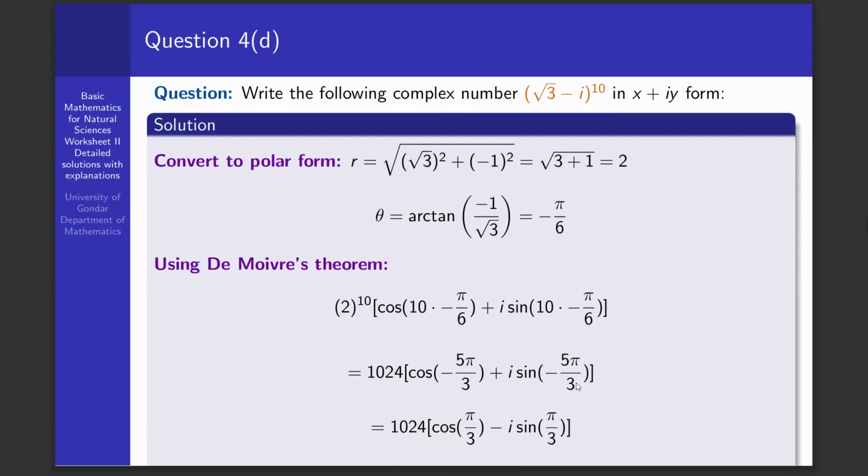Therefore, this is the standard form. In order to determine x, x means 1024 multiplied by cosine of pi over 3, and y, the imaginary part, is 1024 multiplied by sine of pi over 3.